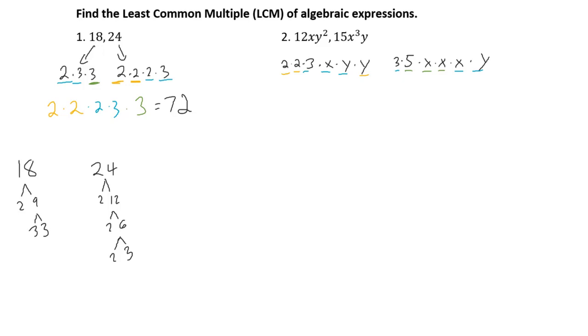So when we go to write that out, we have 2 times 2, which are from the yellow, times 3 times 5. So that's the 3 they have in common and the 5 that's just found in the green. And then we have 1, 2, 3 x's, because we have the 2 green plus the blue they have in common. And then we have y times y.